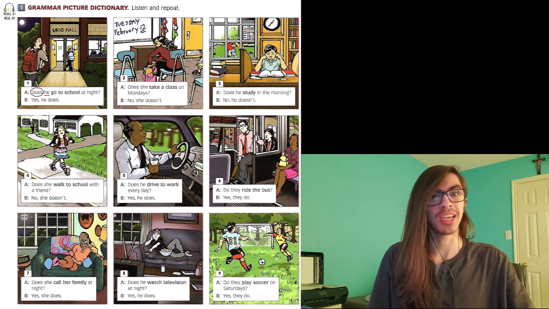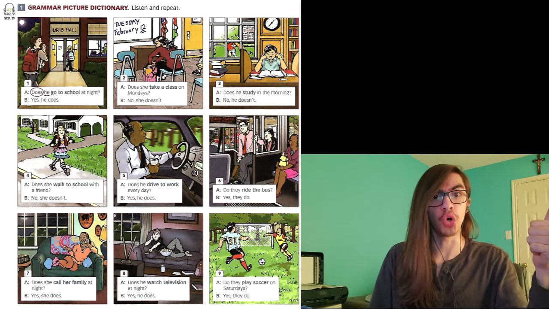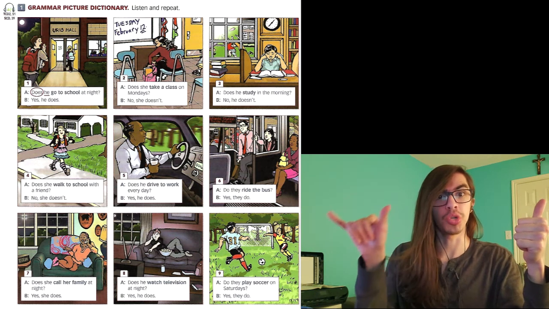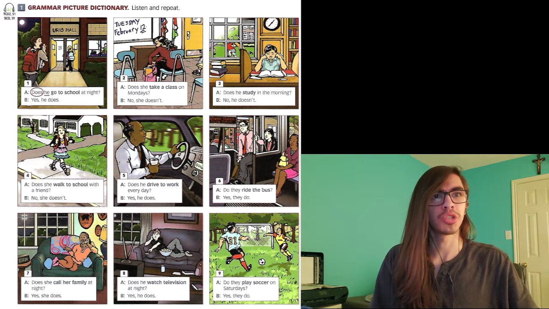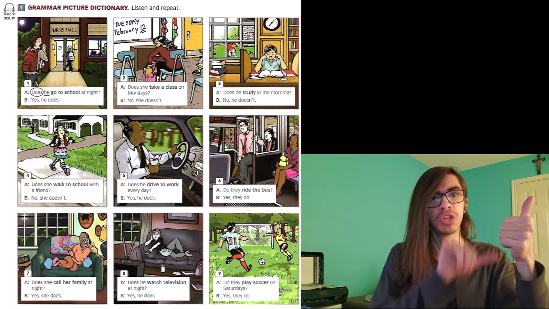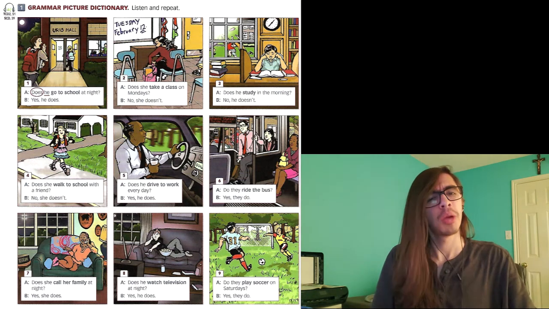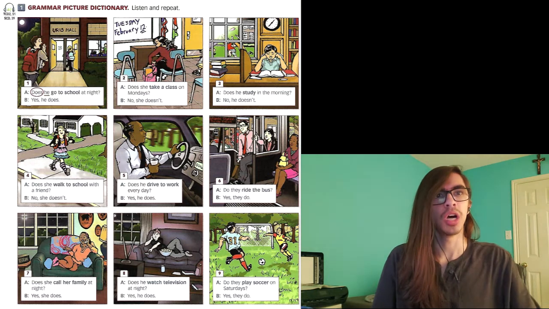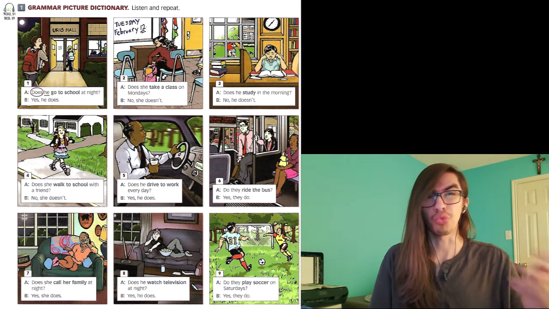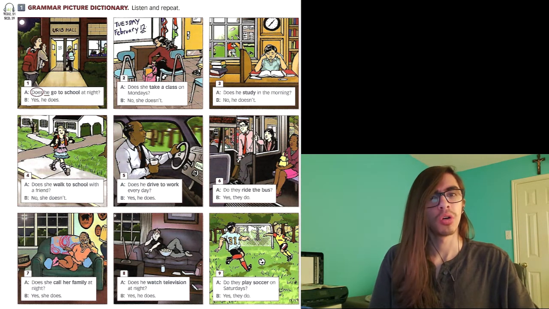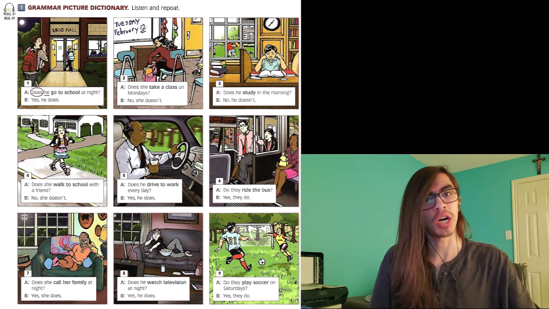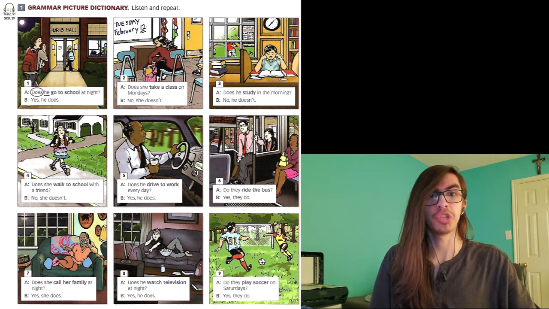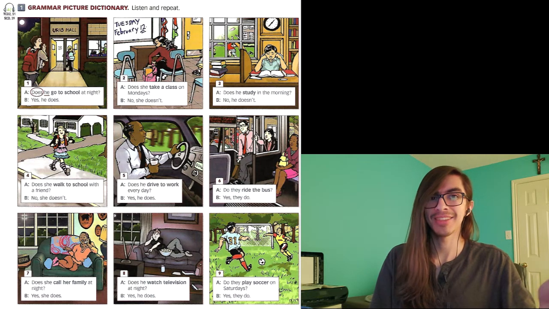We saw old verbs like go, and then a phrase like go to school. And we also saw something like drive and drive to work. But we also saw new phrases like ride the bus, which uses la palabra ride, el verbo. And we also saw take a class, which uses el verbo take.